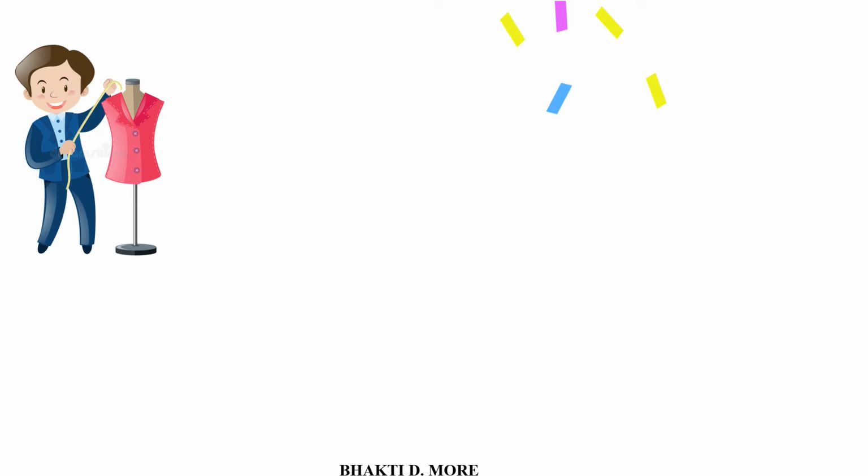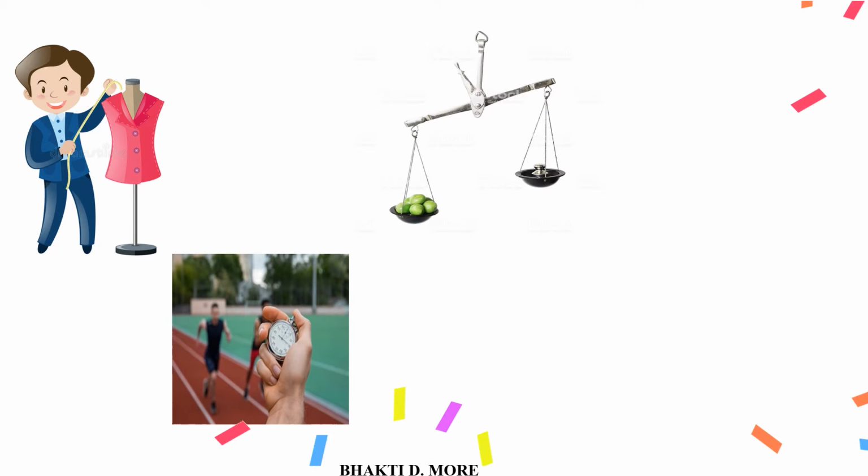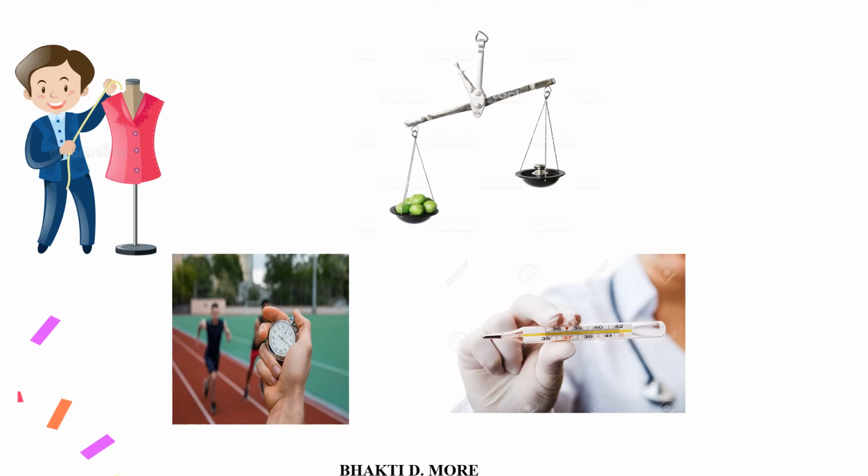Now let's check out a few examples. A tailor uses a measuring tape to measure the length of a cloth. The speed of an athlete is measured by a stopwatch. The weight of different objects is measured by a weighing scale, while the temperature of your body is measured by a thermometer.